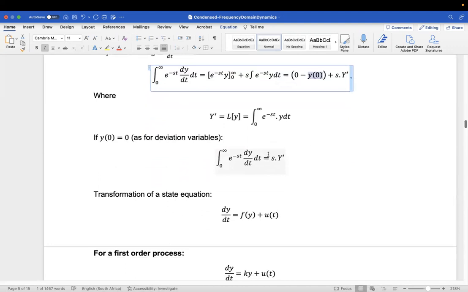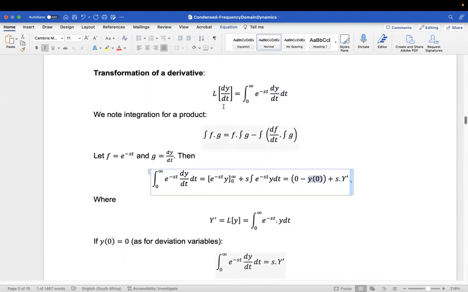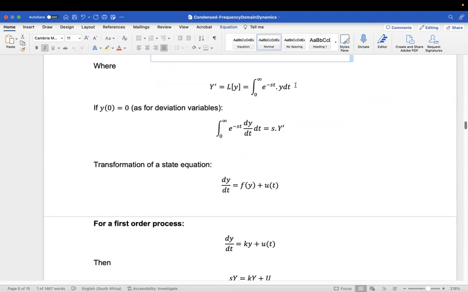And that's quite a surprising result, I think, because it's telling us that if we take a derivative, if we take an operation like this, all we need to do is multiply s by the transformation of the function y itself. So that gives us a nice relationship.